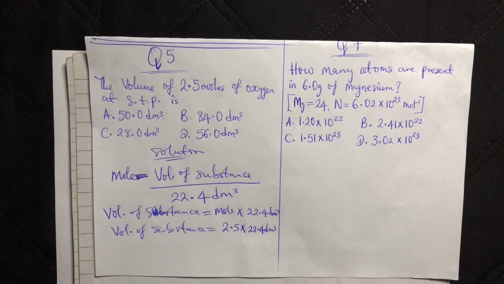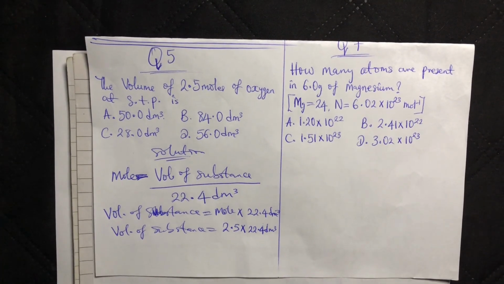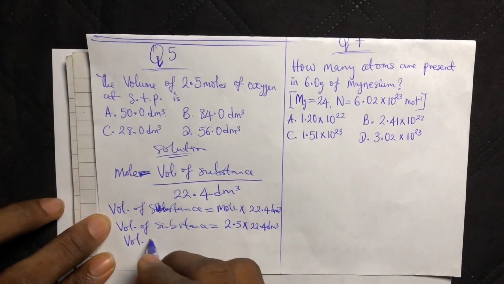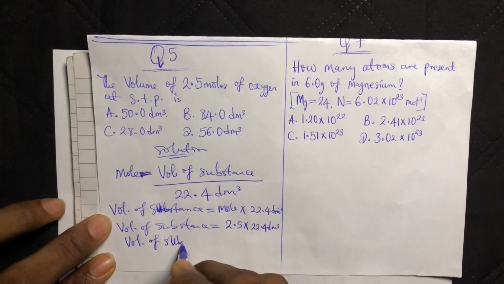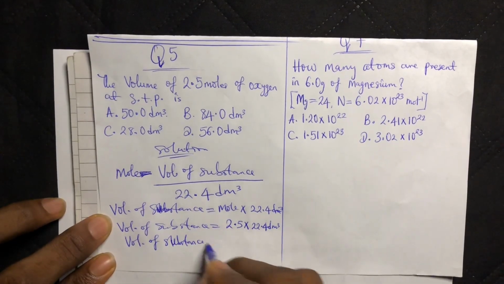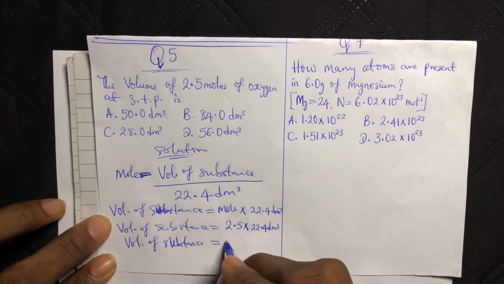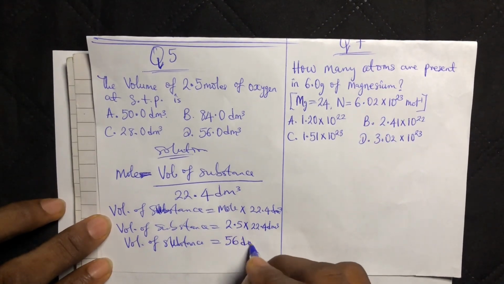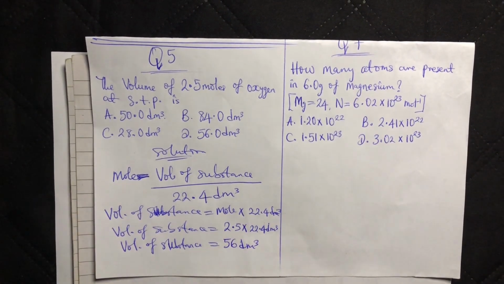It is going to give you 56. All right, so the volume of substance is 56 dm cube.